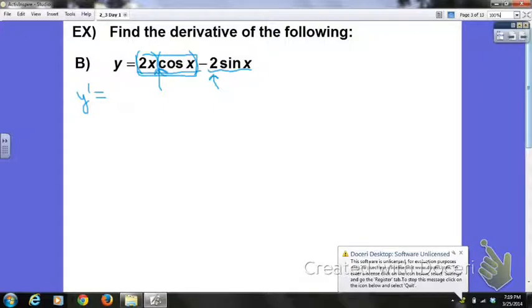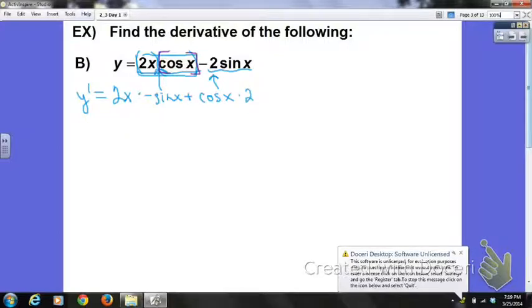Y prime is equal to the first, 2x, times the derivative of the second. Derivative of cosine x is negative sine x, plus the second, which is cosine x, times the derivative of the first function, which is simply 2.